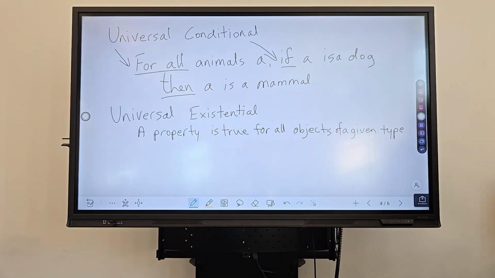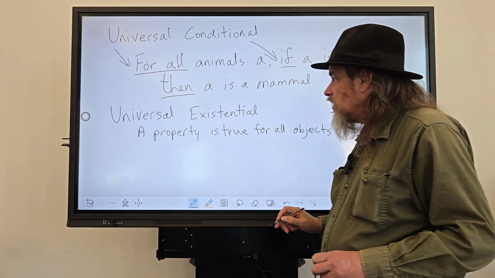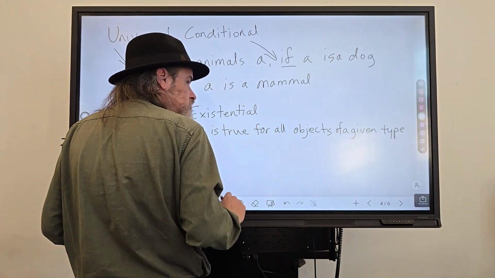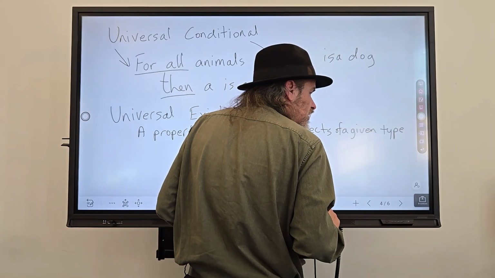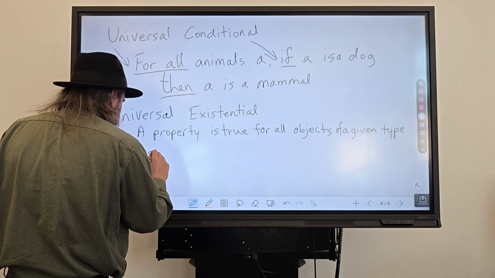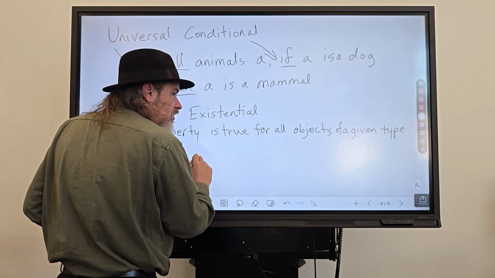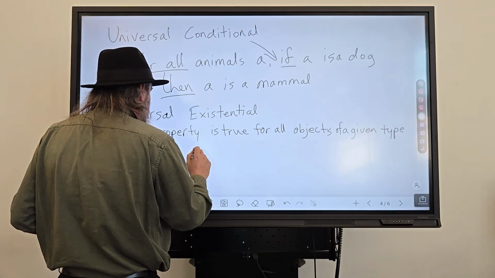The second part asserts that it asserts the existence of something. The existence of something.